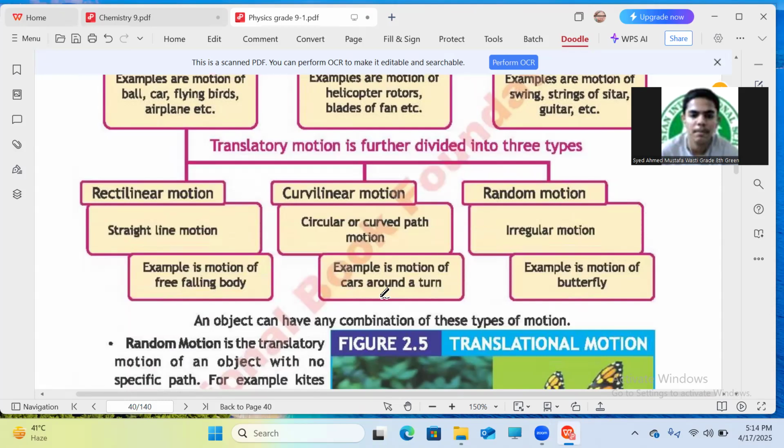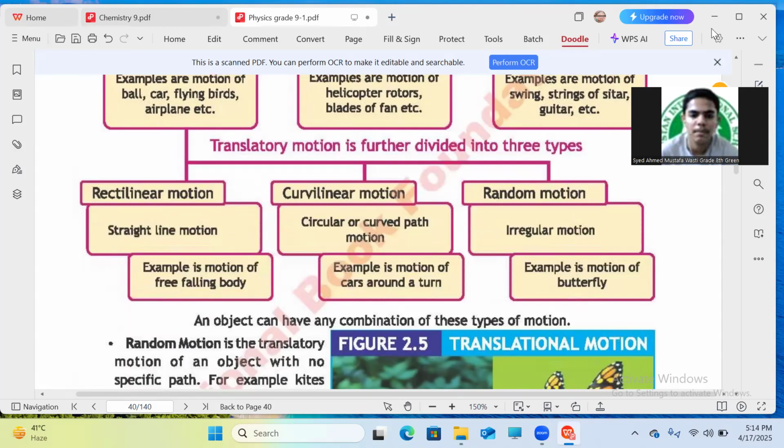Yes, ma'am. The first example is swimming in a straight line. The second example is motion of a car on a straight road. And the third is elevator or lift. So you have to memorize all the possible examples of rectilinear, curvilinear, and random motion well.